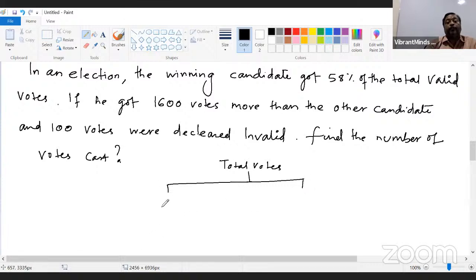First, here we will have people who voted and people who couldn't vote.